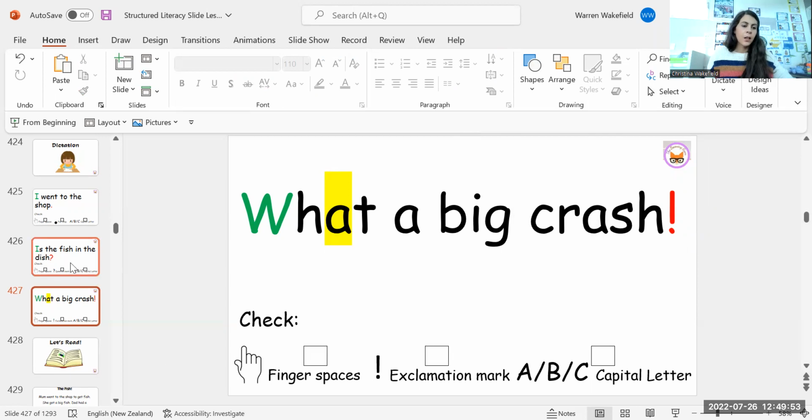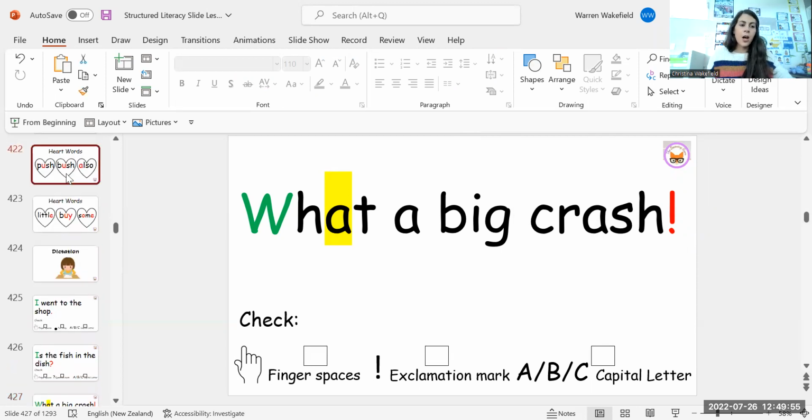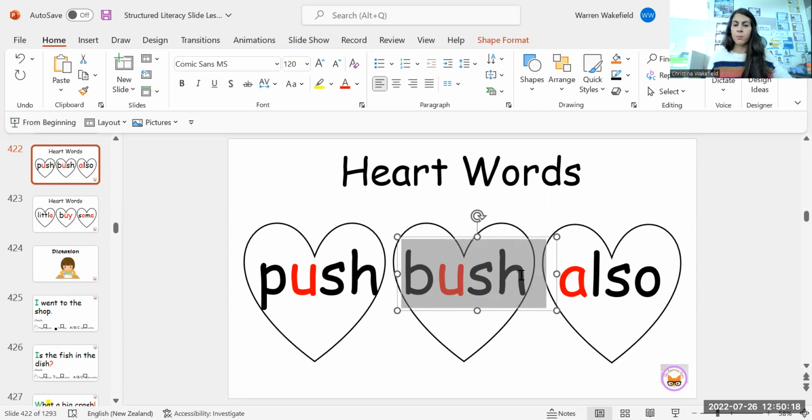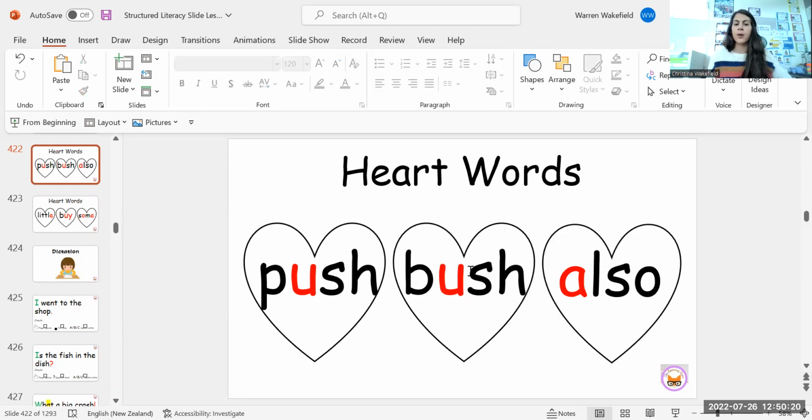Then we're going to quickly read some heart words. Are you ready? You're going to read this with me and we're going to say the sounds in the word and we're going to quickly look at the letter that is making a different sound, an irregular sound. So this word says push. This one, bush. It's making another sound.